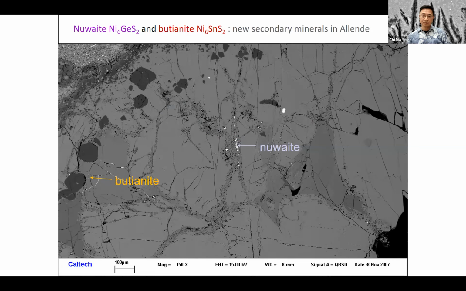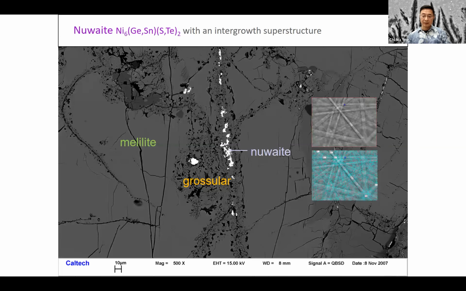All right, now let's look at a few new alteration phases from Allende, butianite and nuaite. Both occur in the fractures in this CAI. Here the type nuaite occurs, along with presolar.